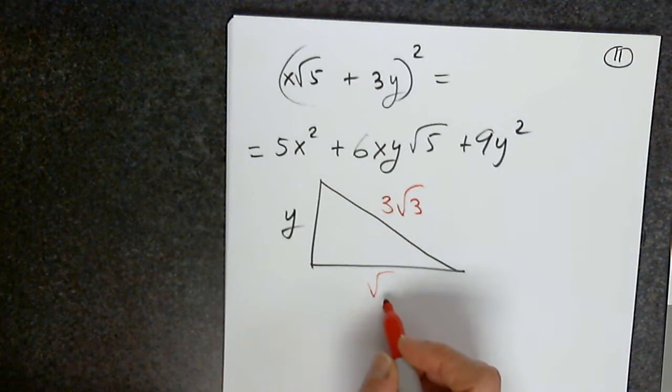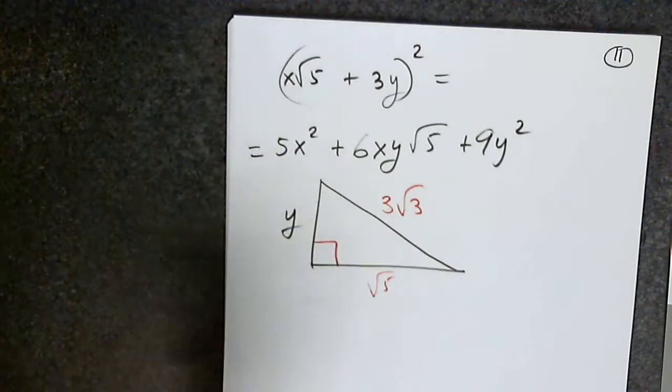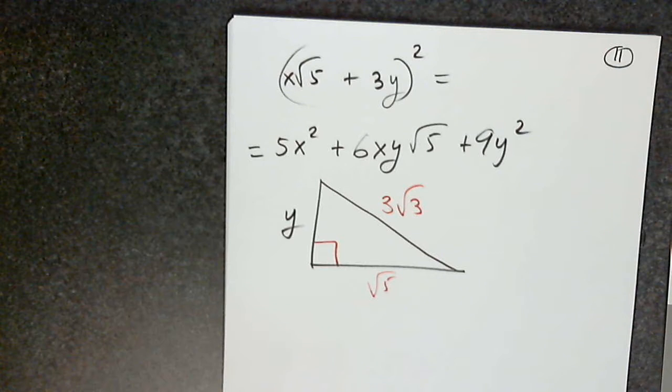The square root of 5. Okay. How do I find y? This is a right triangle. What do I have to write in order to find the unknown length, which happens to be a leg? Which theorem do I have to apply here?